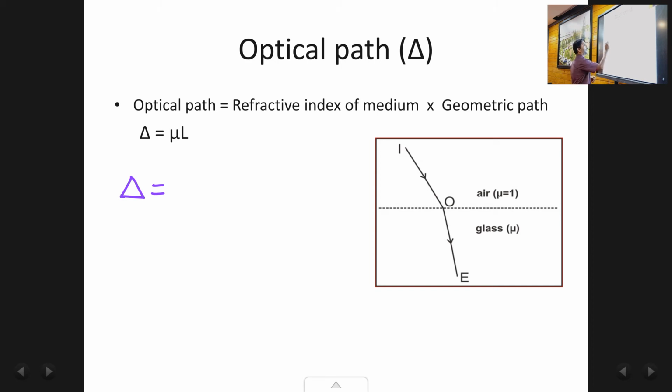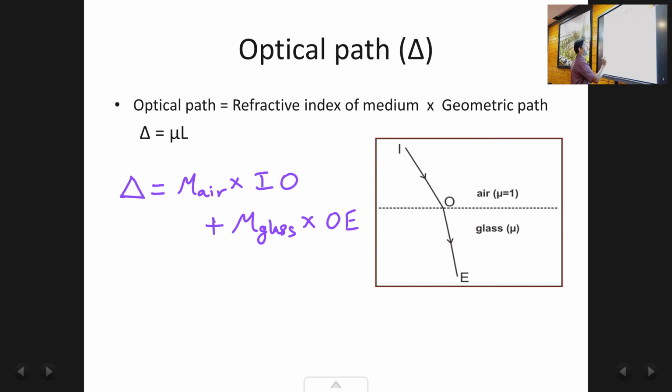So it will be refractive index of air into the actual physical distance, which is IO, plus the refractive index of glass multiplied by the distance traveled by the ray in glass, which is OE.